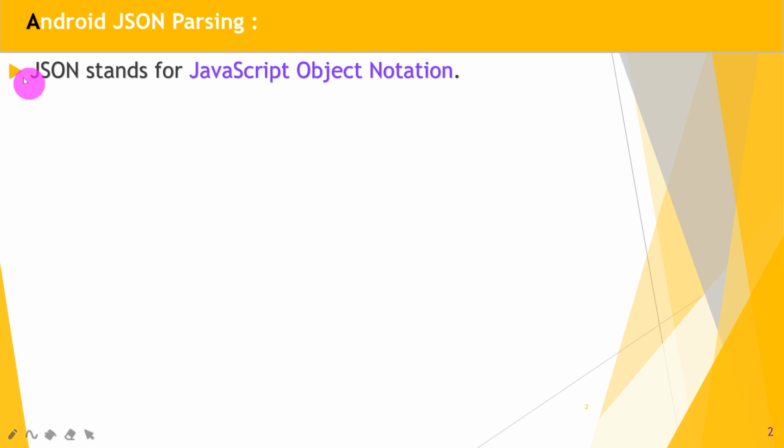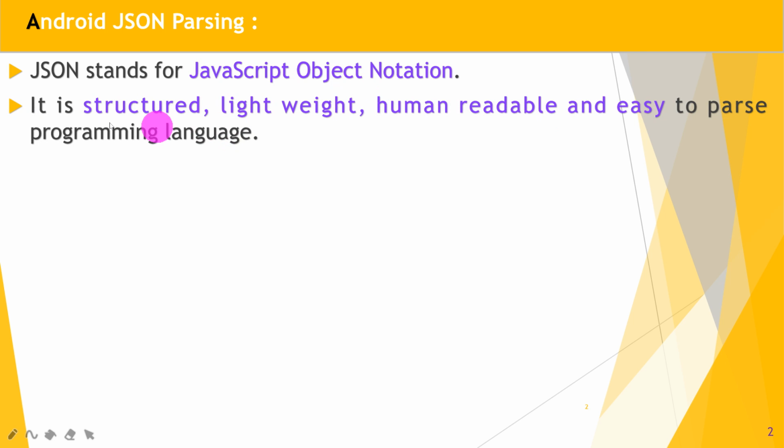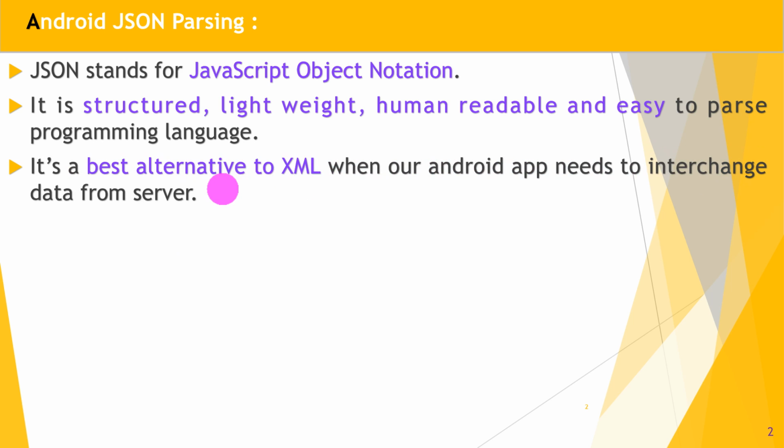Guys, what is JSON? JSON stands for JavaScript object notation. It is a structured, lightweight, human readable and easy to parse programming language. It's the best alternative to XML.